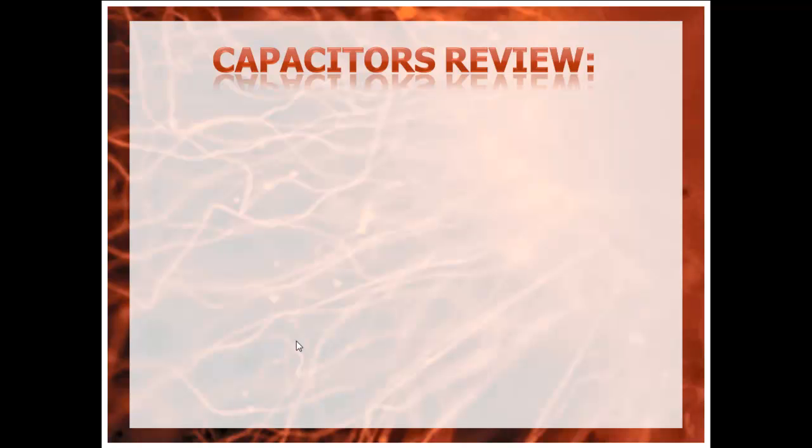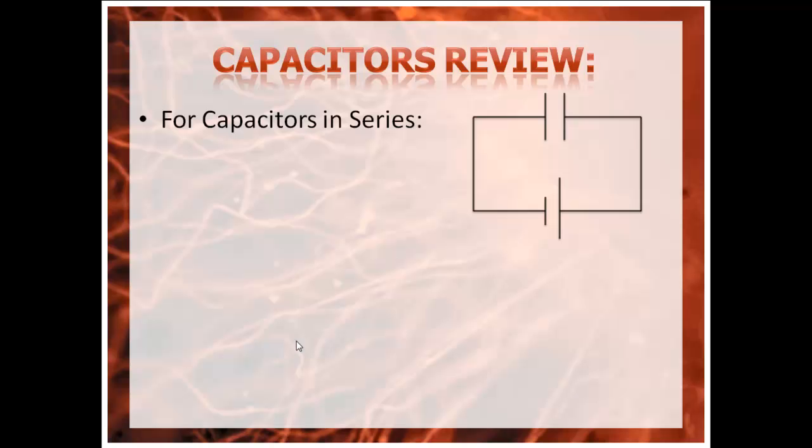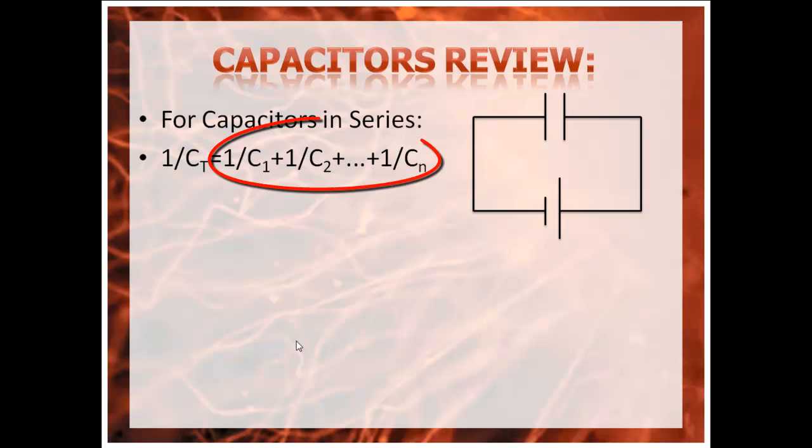Now, in reviewing capacitors, we see that for capacitors in series, the total capacitance is the reciprocal of 1 over the first capacitance plus 1 over the second capacitance plus 1 over the third capacitance, until you have covered all the capacitances in the system.